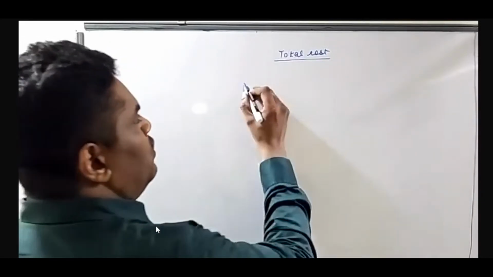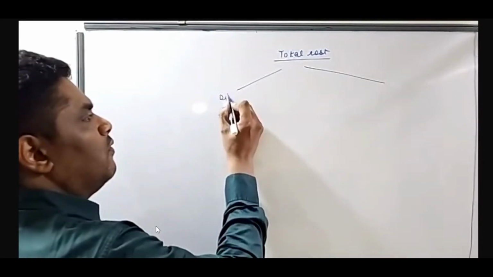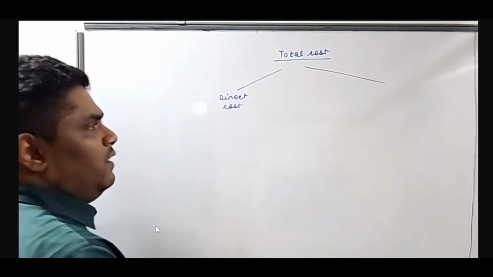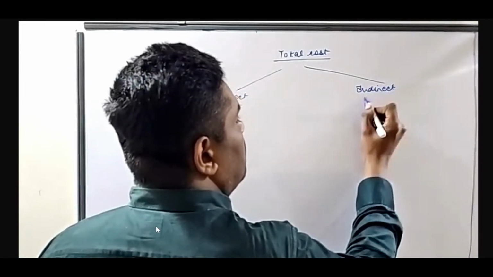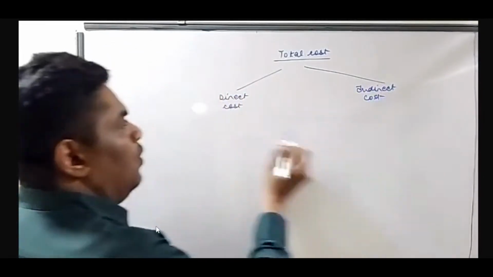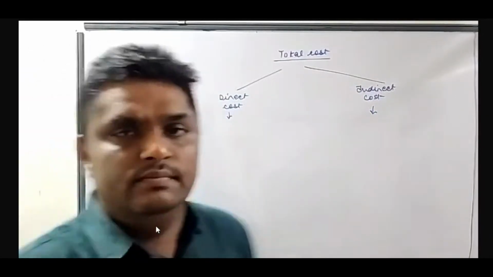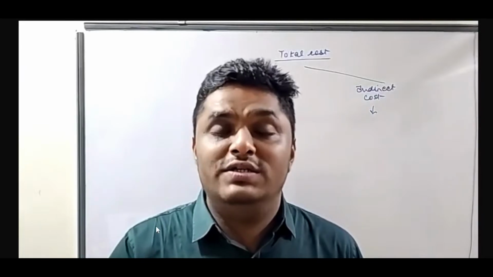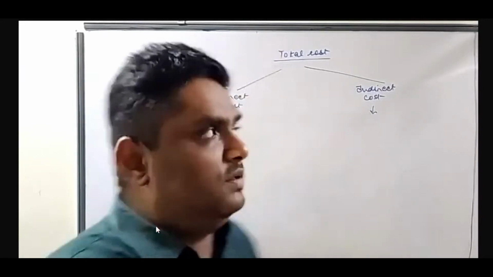When talking about total cost, it is classified in two parts, that is direct cost and indirect cost. When talking about direct cost, what is direct cost? The cost that is directly attributable in manufacturing a product is direct cost.